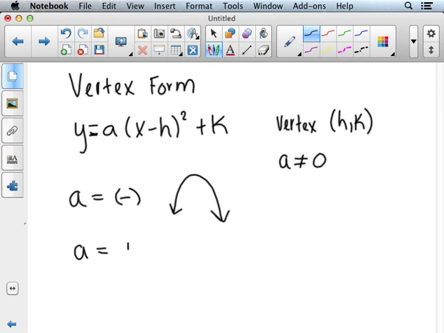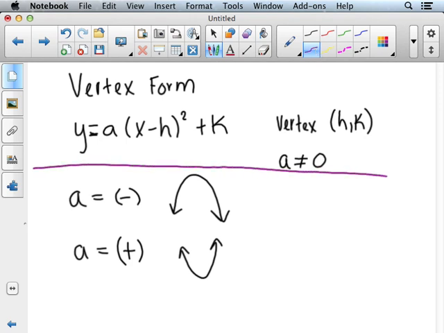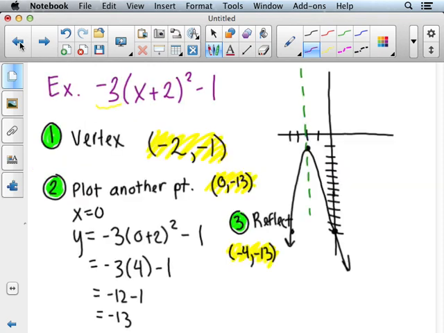If a is positive, we end up with a happy face. Okay, these are the same things that we discussed a couple units ago when we talked about reflecting. So remember, if this is positive, it keeps it facing up. If it's negative, it reflects it down.